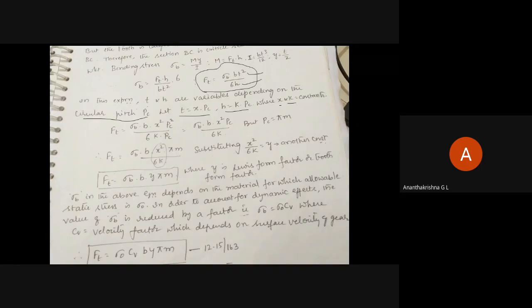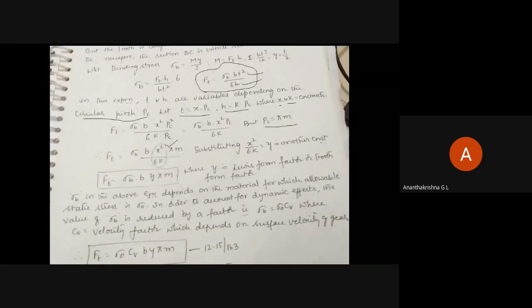So Pc, the circular pitch, will cancel once, and then you get sigma b into b into x squared into Pc by 6k, where circular pitch Pc is pi into module, as we learned in yesterday's class. I take this x squared by 6k separately.